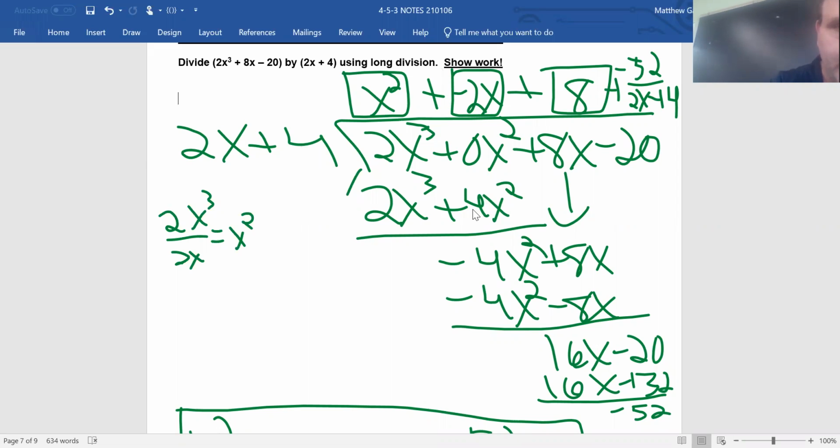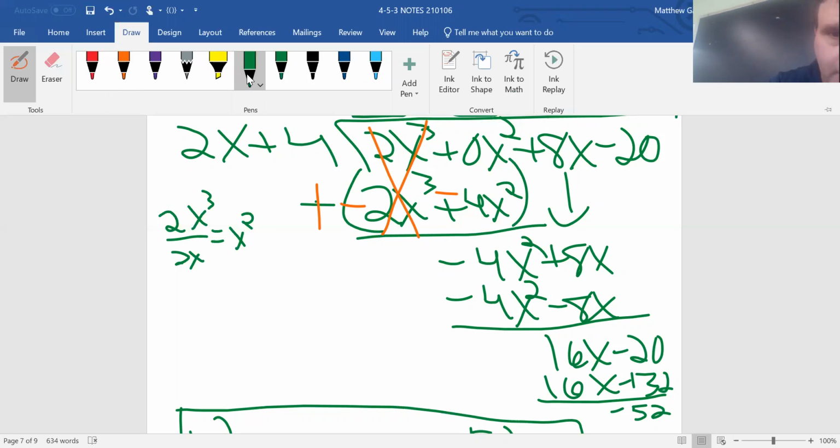And then we're going to subtract, change the signs. So that's why we get negative 4x squared: 0 minus 4 is negative 4x squared. Bring down the 8x.